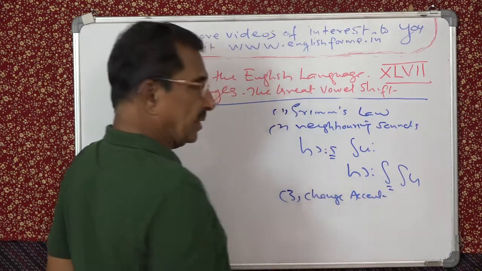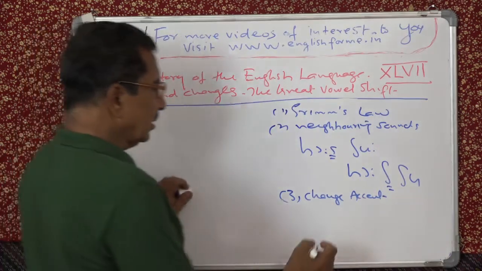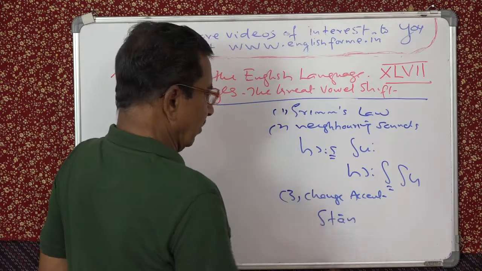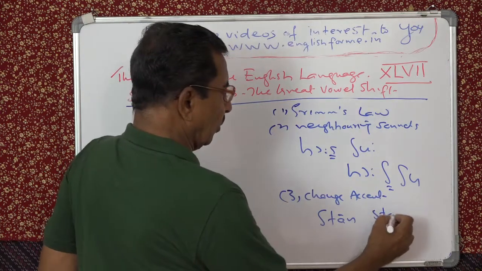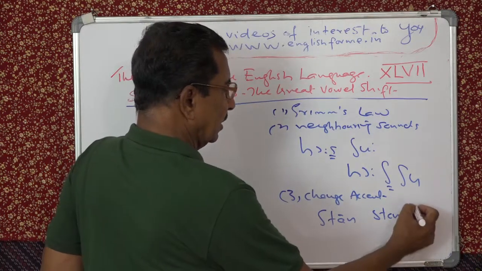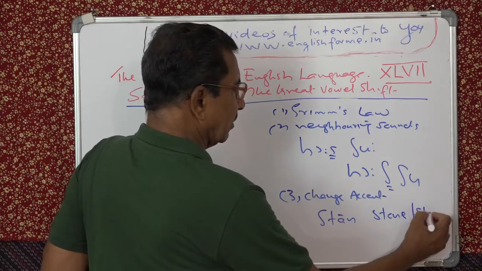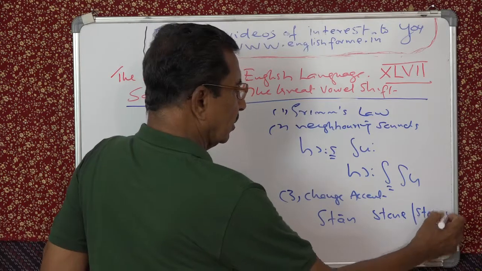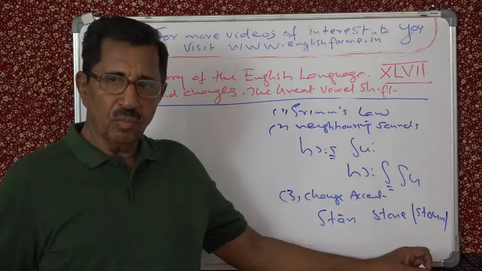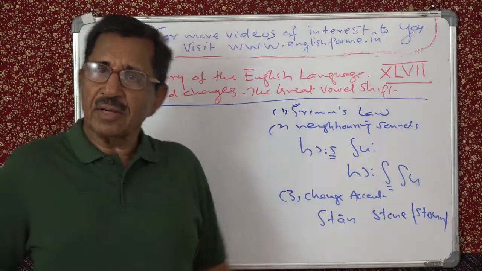It means stress pattern. Old English stan, see that? Stan, with a long vowel. But now it is tone. The pronunciation is something like this, no? See the change. That has become O. In fact, the vowel has become a diphthong.